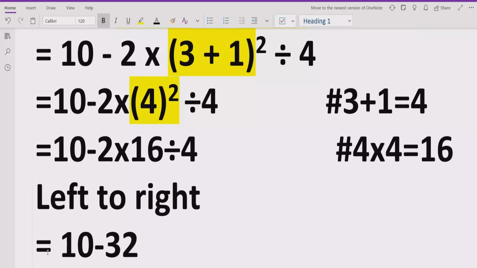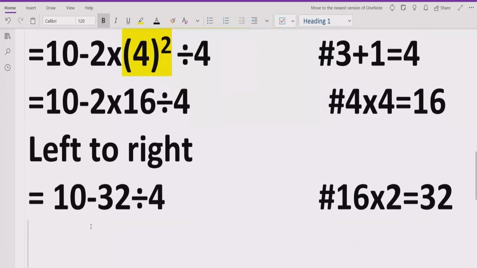It becomes 32, because 16 multiplied by 2 equals 32. And divided by 4, we will write here as it is. And here we give the reference: 16 multiplied by 2 equals 32. Now again, we have to go left to right and see.